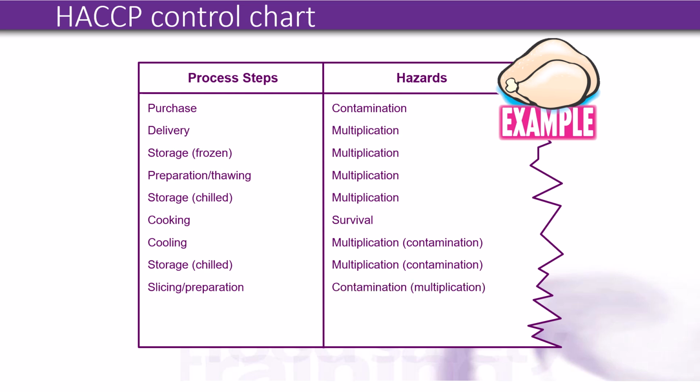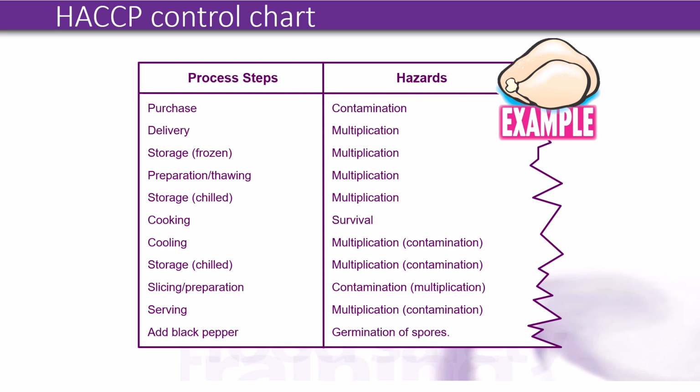Slice and preparation, it could be contamination, cross-contamination if using raw and cooked on the same chopping board, for example, and you could also get multiplication. Serving could be multiplication and contamination if it's not served quickly enough or under controlled conditions. And again, add in the black pepper. So we're looking at the chicken with black pepper.